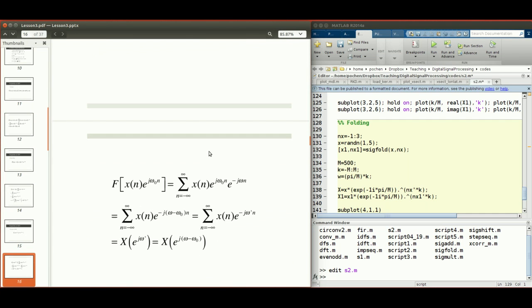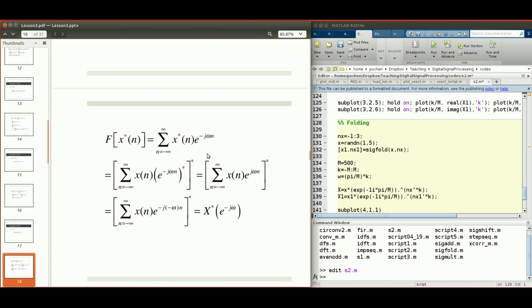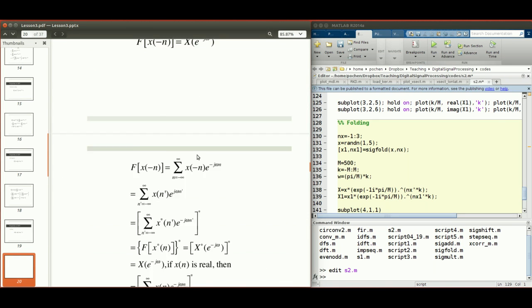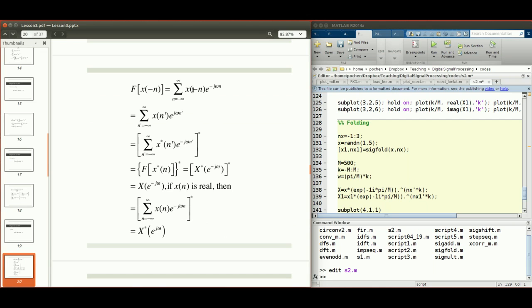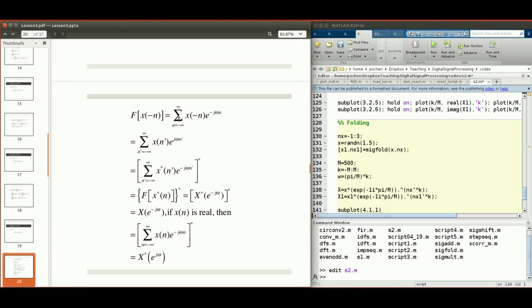The input signal is x[-n], the folded x. So the rest of the formula is exactly the same, e to the minus j omega n, with n going from minus infinity to positive infinity in a summation. And that's the formula we'll have to compute.